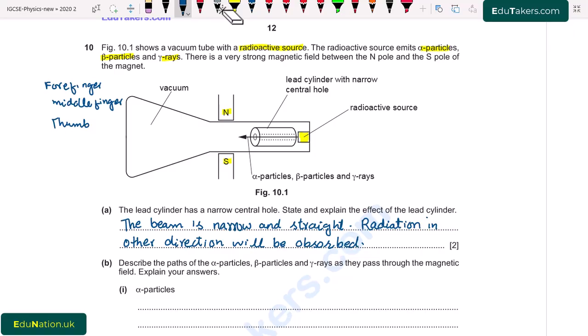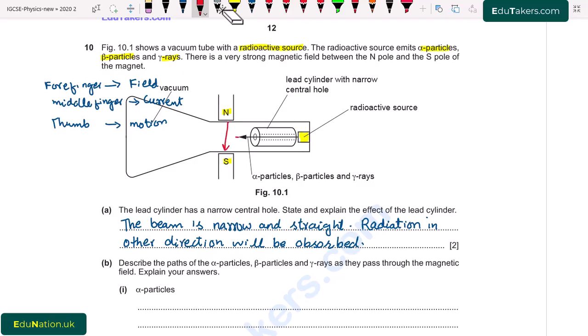Then we have to arrange it in such a way that our forefinger represents the direction of field, while our middle finger represents the direction of current, then our thumb represents the direction of motion. So you can see in this diagram that the magnetic field will be from north to south.